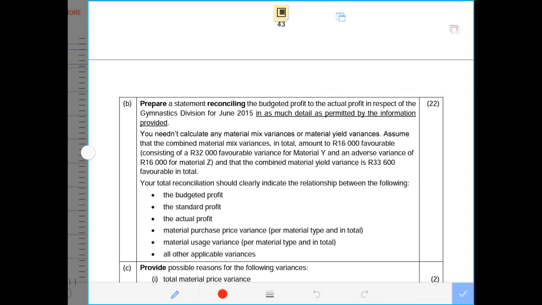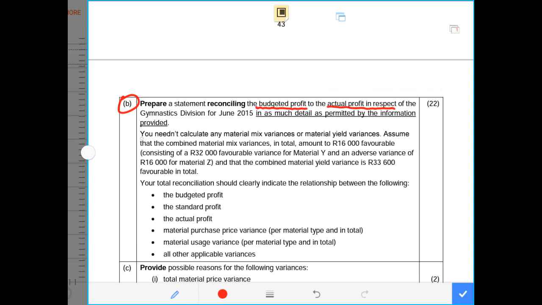Then we have number B of the question, where we are required to prepare a statement of reconciliation where we reconcile the budgeted profit to the actual profit in respect of the gymnastic division for June 2015 in such detail as permitted by the information provided to us.